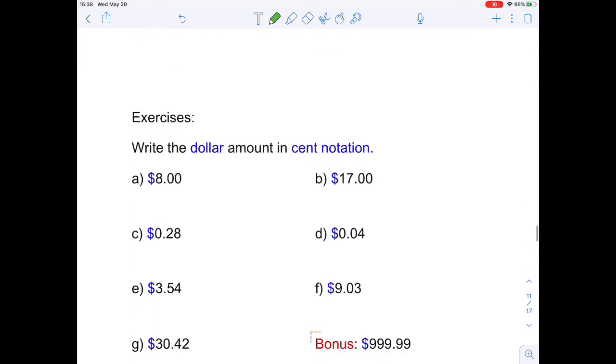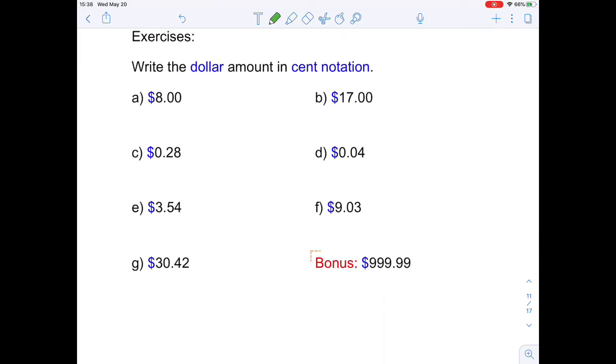$296.04. Write the dollar amount in cent notation. So now we're going the opposite direction. $1 is equal to 100 cents. How do we turn 1 into 100? Well, we multiply it by 100. So that's what we're doing here.